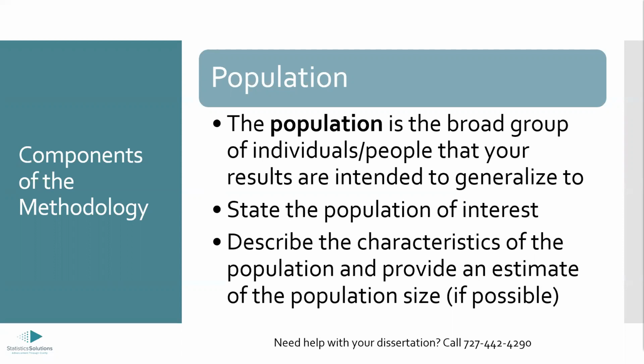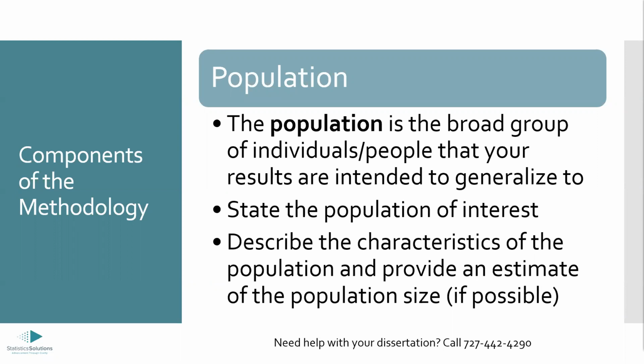So for instance, if you're doing a study within education, your population might be teachers, but it's likely that your population won't just be any and all kinds of teachers. It might be a specific type of teacher. So maybe your population is concerned with high school teachers, or maybe it's elementary school teachers, or university professors, or maybe it's teachers within a specific region.